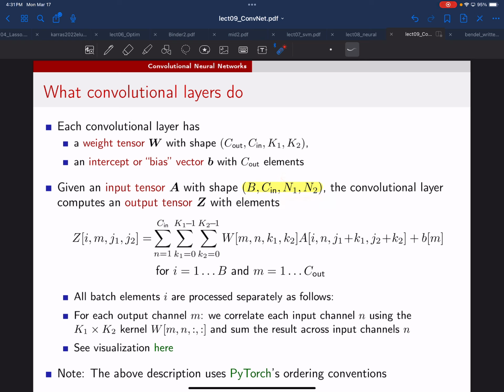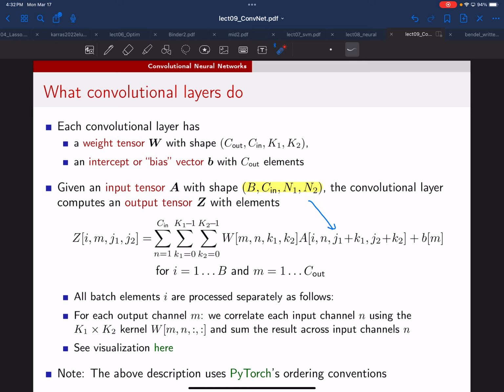So that's the input tensor, here. This is the output tensor. So whatever happens for the first batch element, the batch index is just seen here and here. Basically the different batch elements are processed identically and separately.